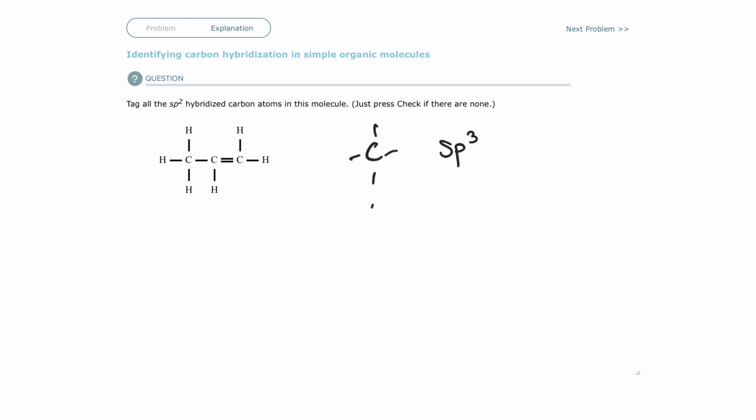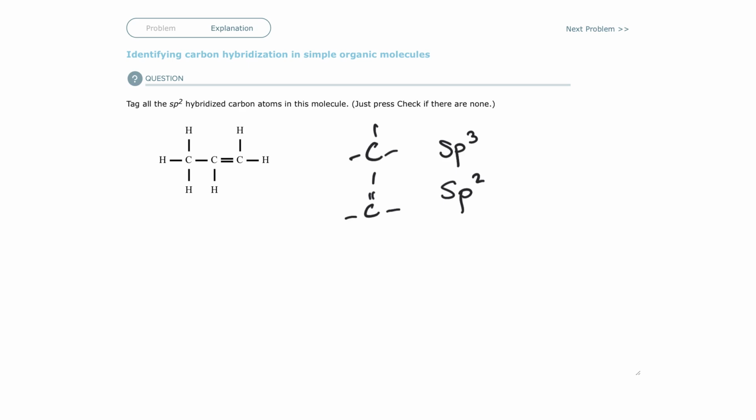If you were to have a double bond, and I see some double bonds in this one, what's actually going to happen is you are going to have 1 s and 2 p, and it's going to be an sp2 hybridization. There's going to be 3 sigma bonds, 1, 2, 3, and then 1 pi bond there.